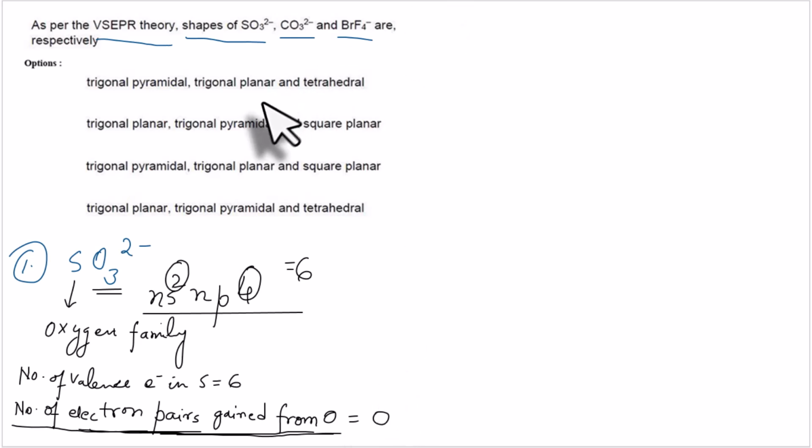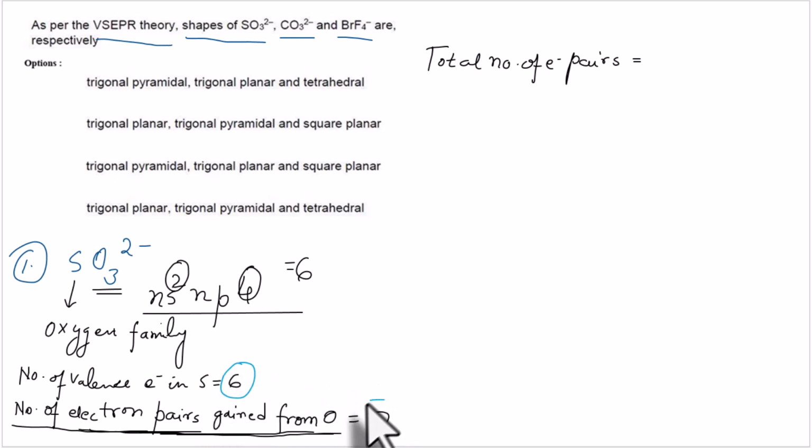Then next we have the total number of electron pairs. The total number of electron pairs is counted by adding the number of valence electrons in the central atom, the number of electrons gained from the bonded atoms, and what else do we have? We have a negative charge as well.